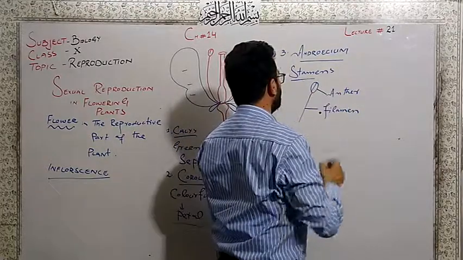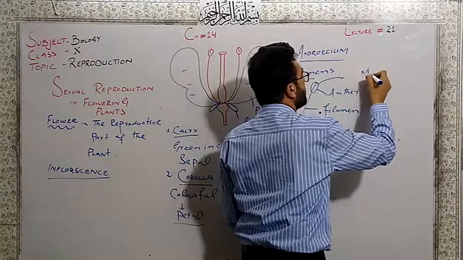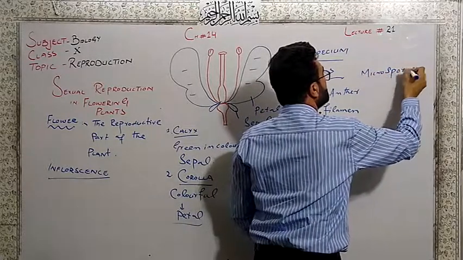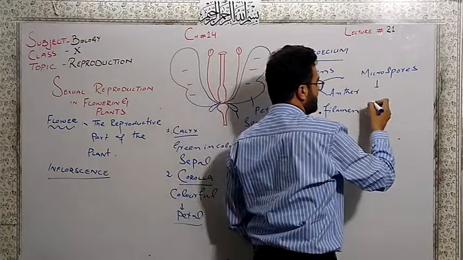In the anther, usually through meiosis, microspores are produced, which germinate to form the male gametophyte, the pollen grains.